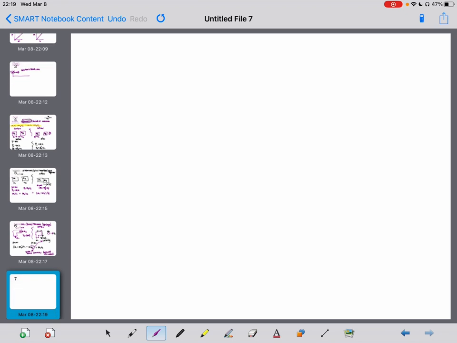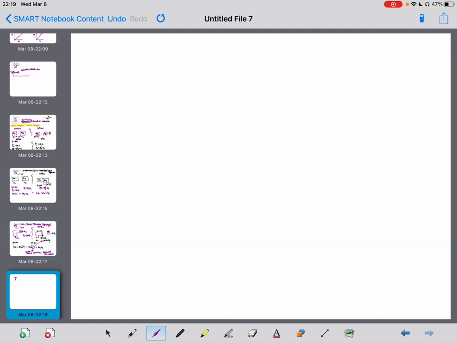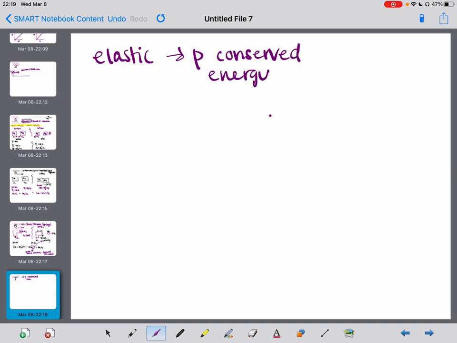Please keep in mind that, what was I going to say? Oh, okay. So elastic: momentum is conserved, energy is conserved.